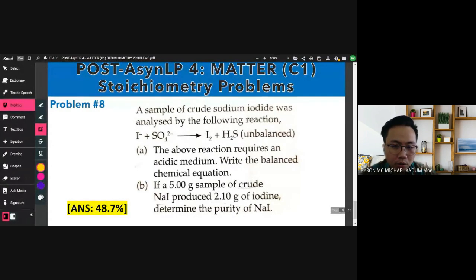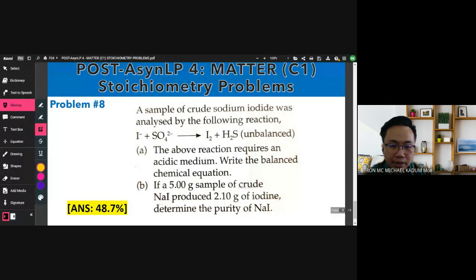Dia bagi tahu sudah dalam acidic medium. Sebab kalau kamu recall, if you go back to the video when I teach you how to balance the redox equation, we have two mediums. We have acidic medium, we have basic medium. So what do you need to do for basic medium? Itu sepatutnya kamu tahu sudah. Okay, nanti kalau ada apa-apa benda yang perlu di revise, saya akan cari masa nantilah.